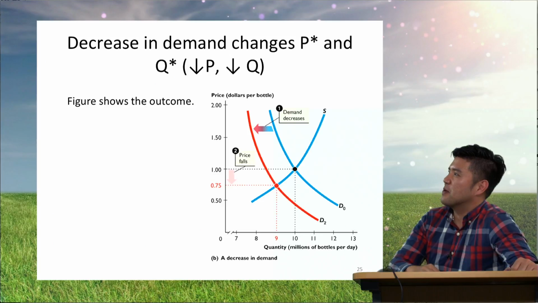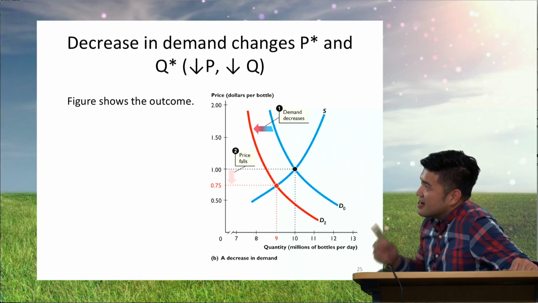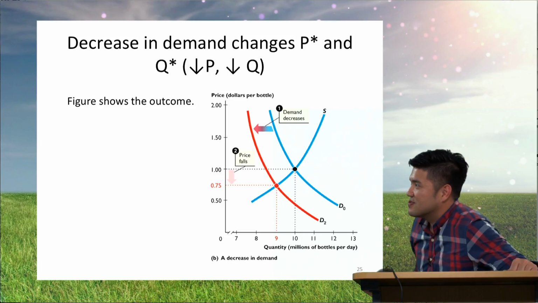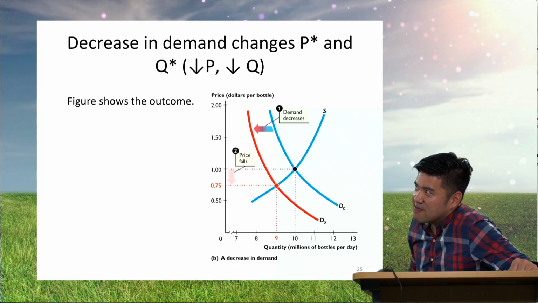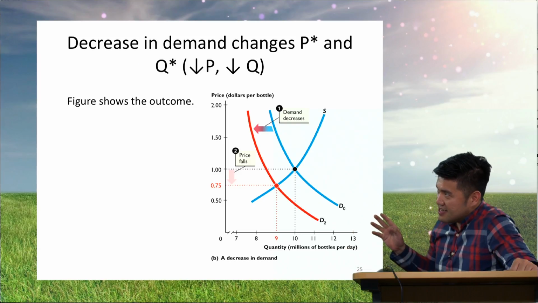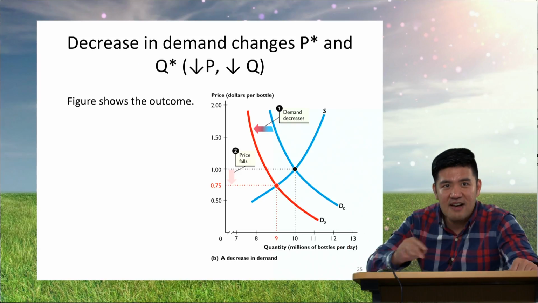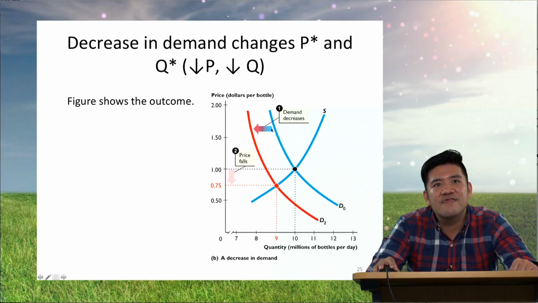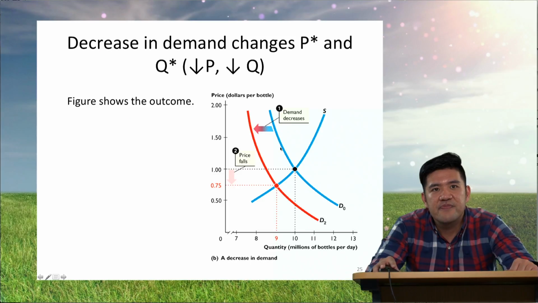Okay, what's happening here? Decrease in demand. How do we graphically show that, guys? When you decrease demand, you shift the demand curve to the left.